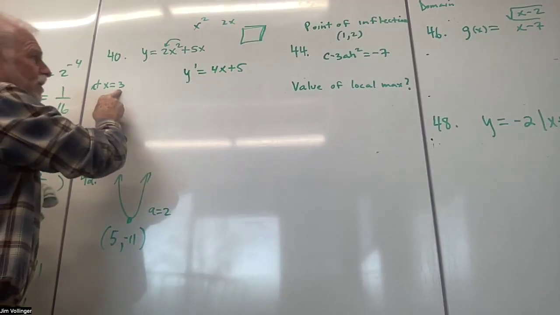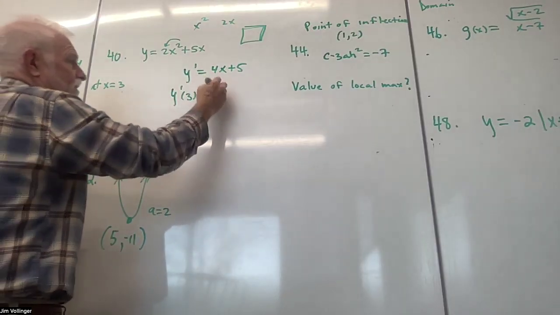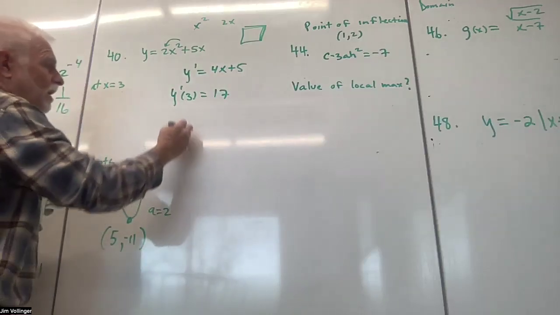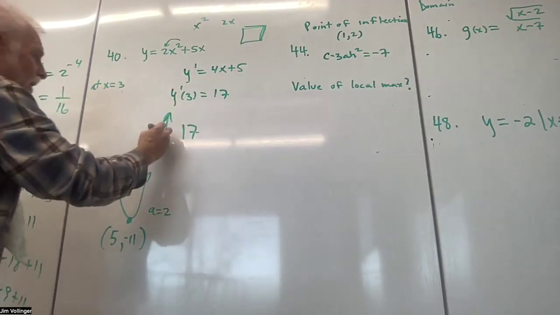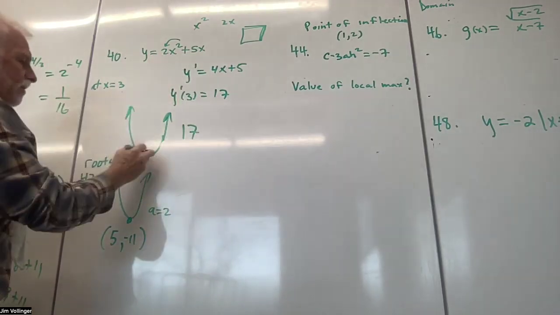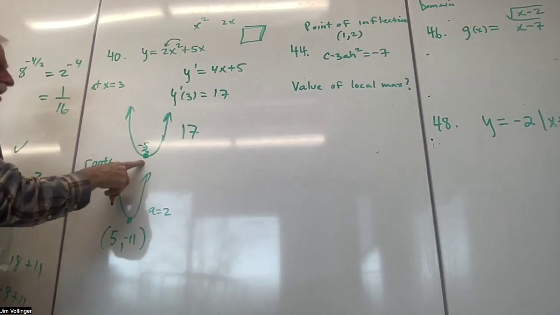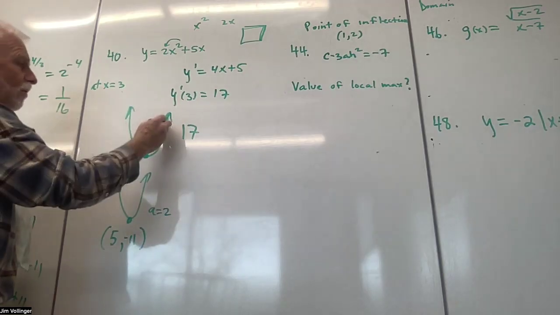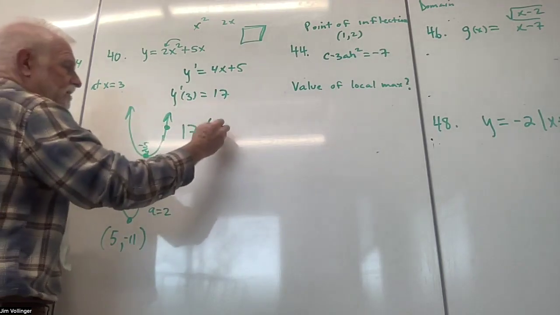I drop the number 3 in, y prime at 3 is equal to 17. That means I'm going up at 17 to 1. I have a cup-shaped graph. And minus 5/4 is that x value, and I'm moving to 3, so I'm over here somewhere. And that equation is 17x minus 3.